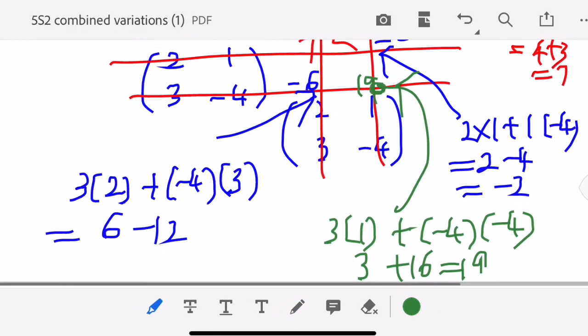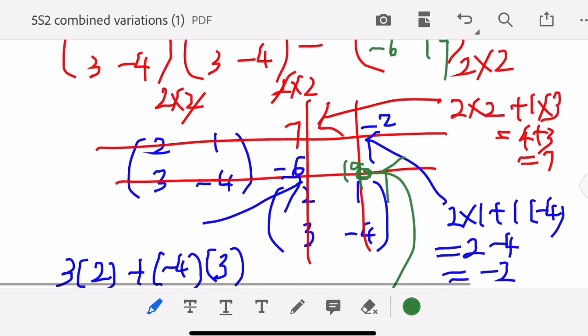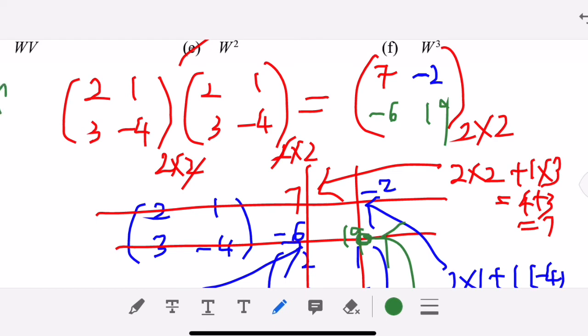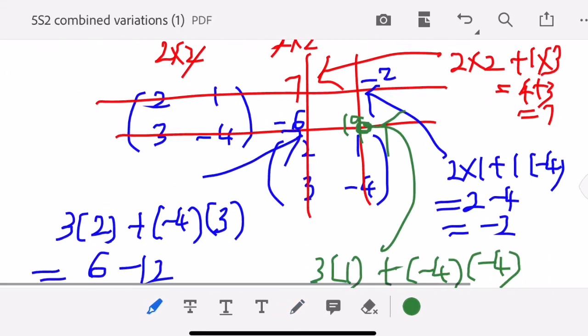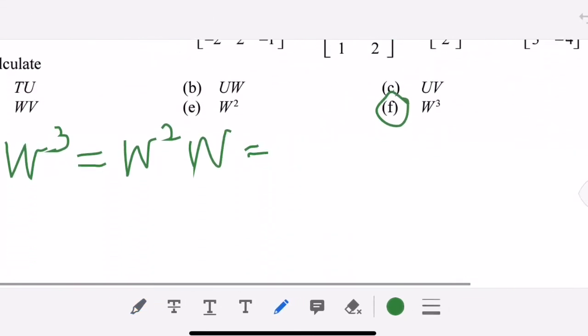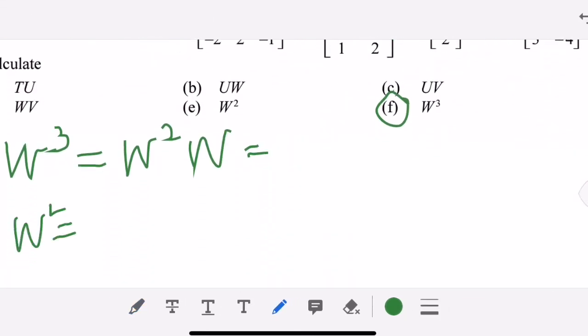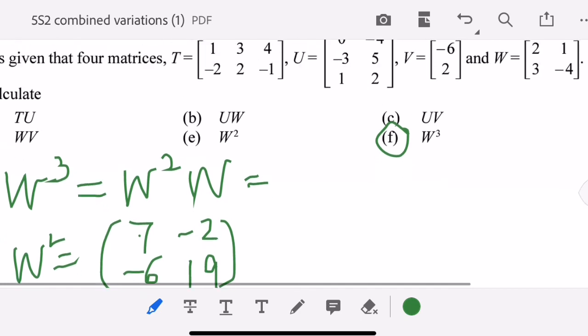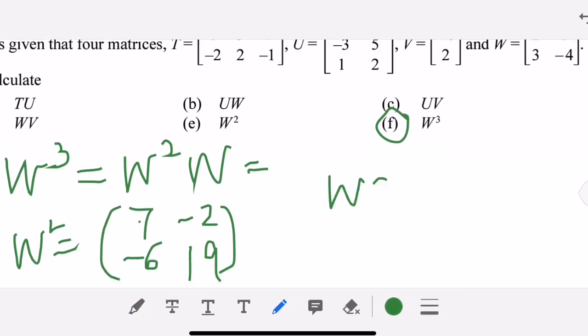We have actually obtained W2 just now, which is this one. This is W2, which is 7, -2, -6, 19. So we are going to multiply it with W, which is 2, 1, 3, -4.